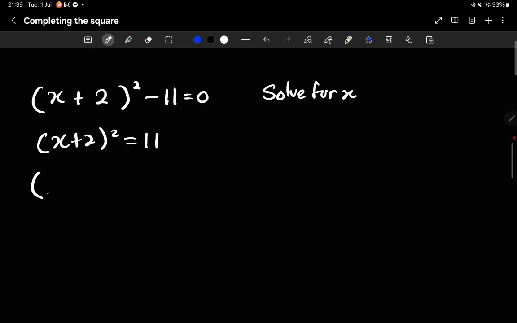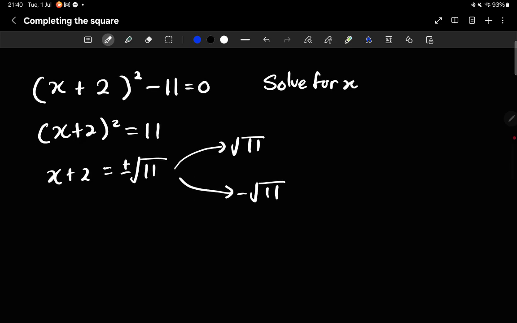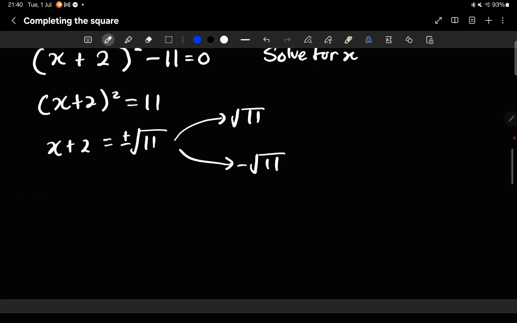Now we are going to move this square to the other side, which gives us a square root of 11. And bear in mind that you have to write a plus minus in front, because it could be a positive or negative root 11. Since there are two possible outcomes, we have to do two cases.